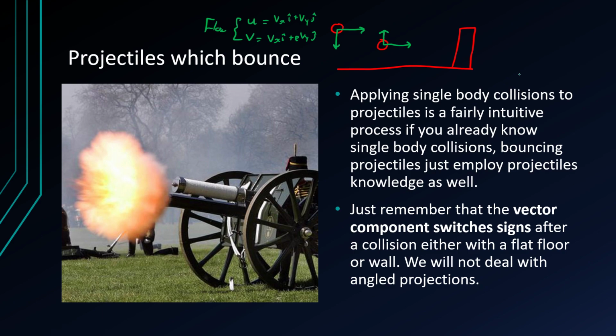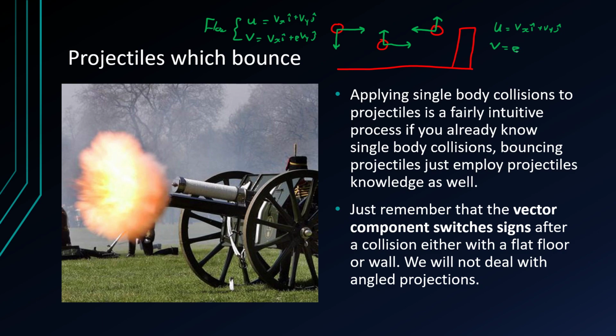For a wall, if we have the initial velocity as vx times i plus vy times j, the new velocity along a wall will be, well, if you can imagine it hitting off the wall here, the vertical component will stay the same because there's no force acting on that, but the horizontal component will change.